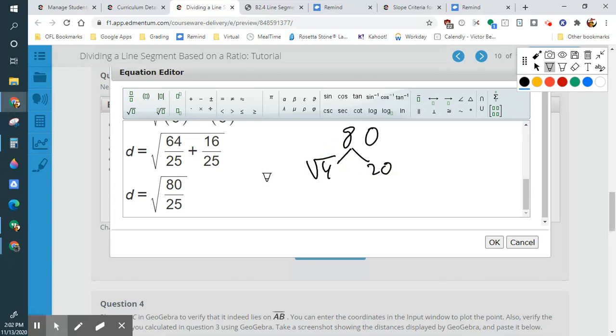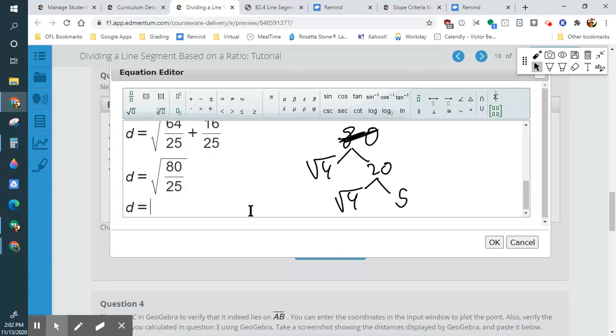We can take the square root of 4. Can't really take the square root of 20, but we can break it down into 4 and 5. So what happens here is we have 2 times 2 on the top. You can take the square root of 25, so that makes this easier.